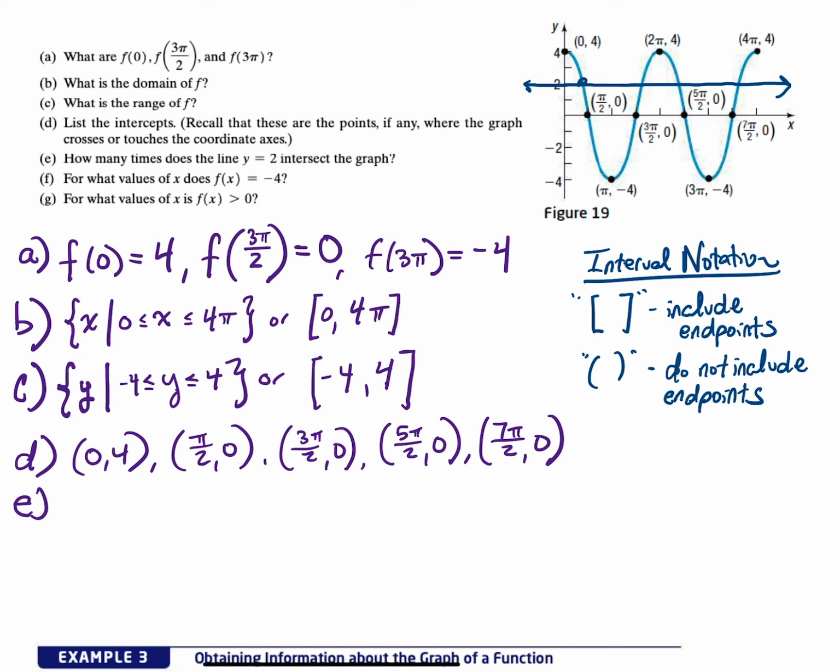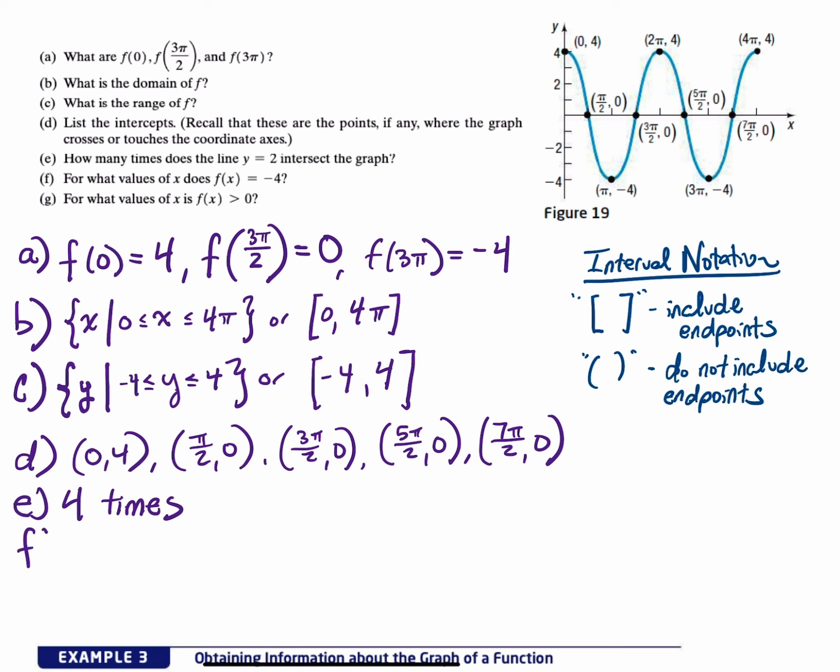So we're just counting. How many times does it cross? Well, 1 time, 2 times, 3 times, 4 times. So how many times does the line y equal 2 intersect the graph? 4 times. You can just visually inspect and see.